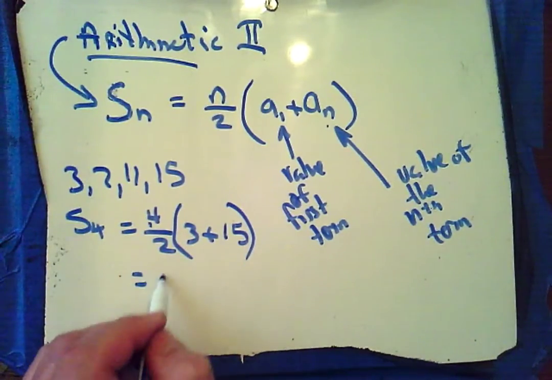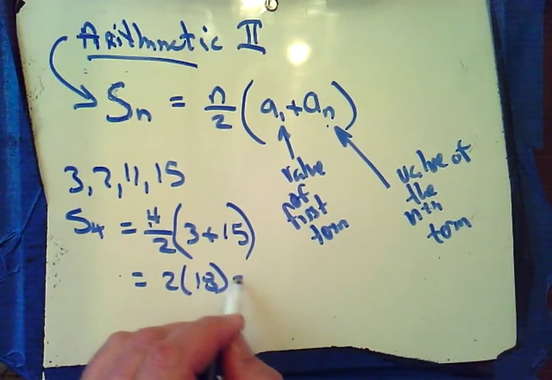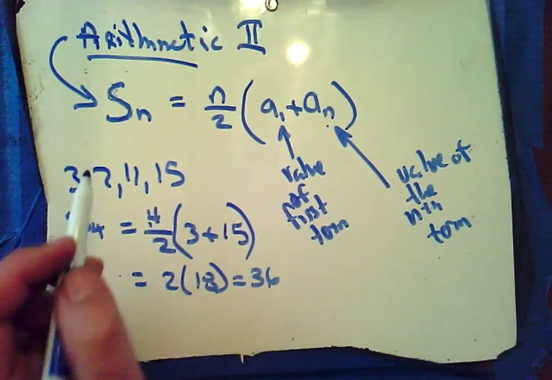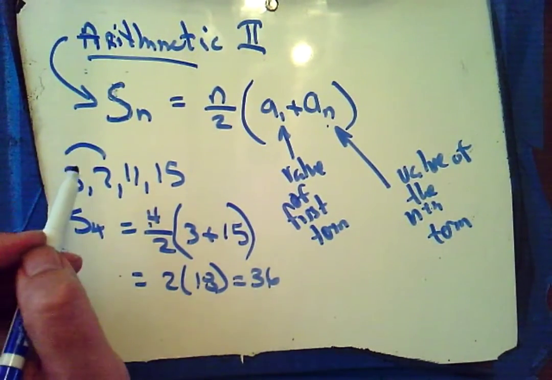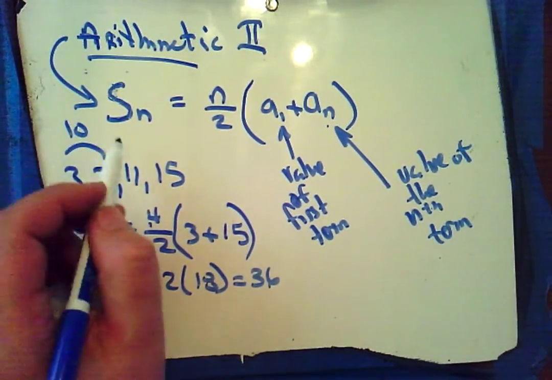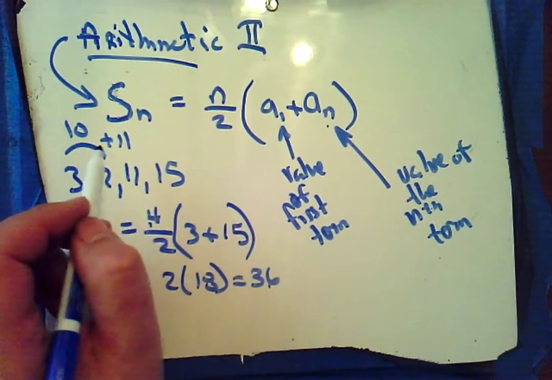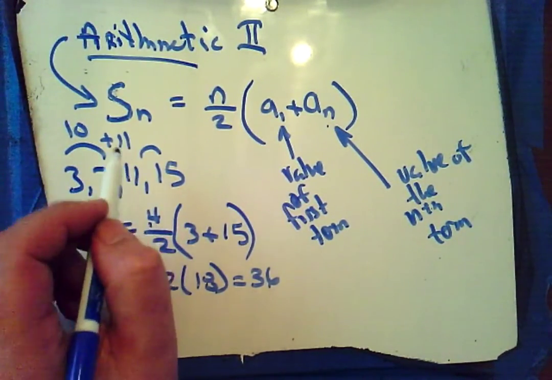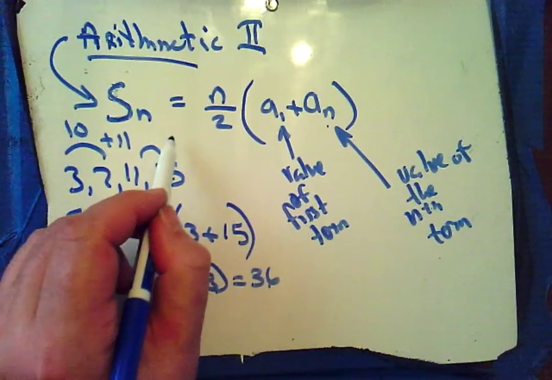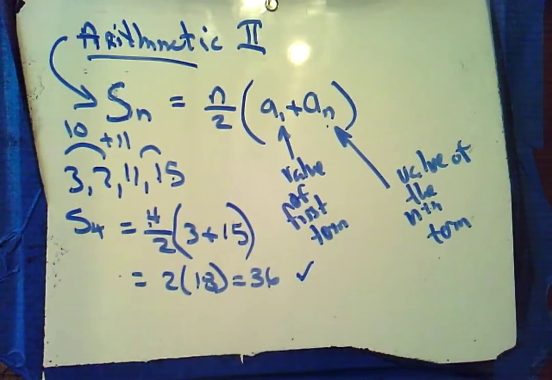So we end up with 2 times 18, or 36. Well, let's test this out. 3 plus 7 is 10, plus 11 is 21, plus 15 is 36. So yeah, no problem. This method is going to work for us.